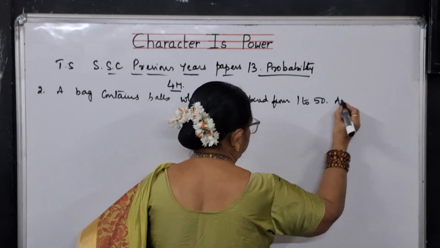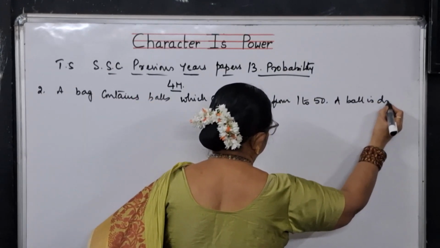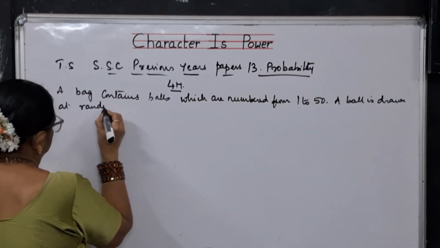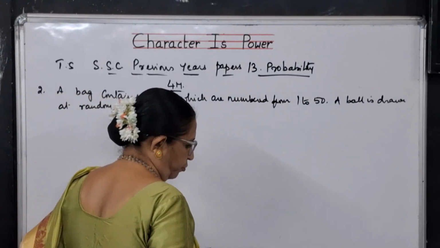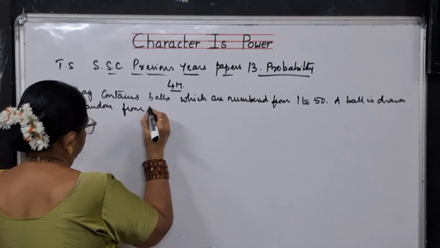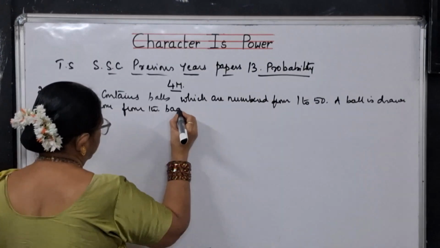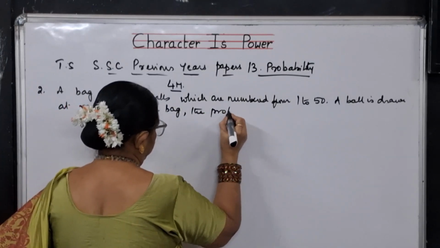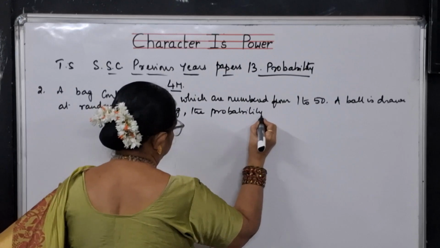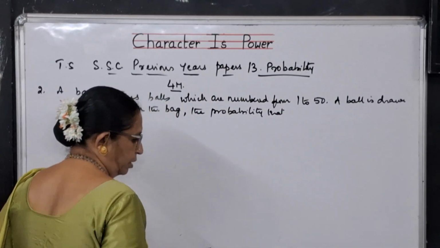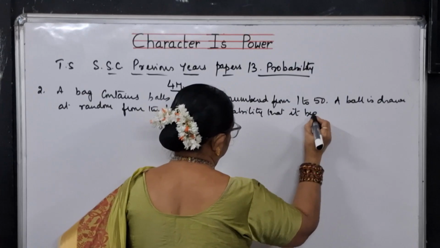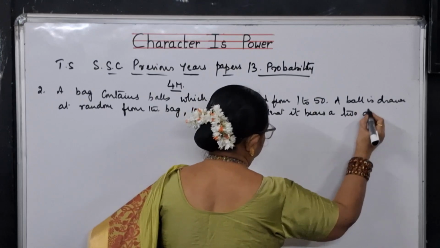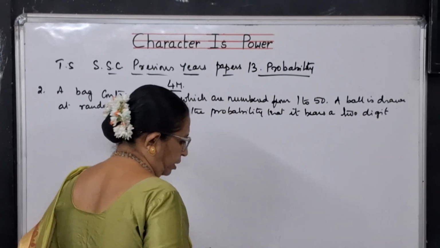A ball is drawn at random from the bag. Find the probability that it bears a two-digit multiple of 7.